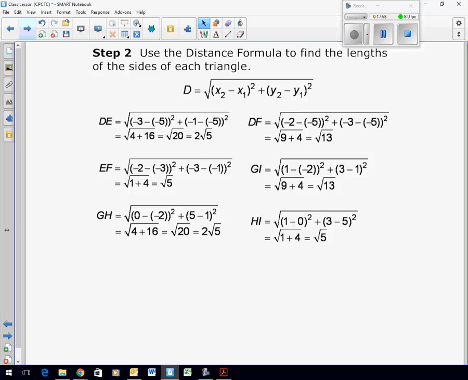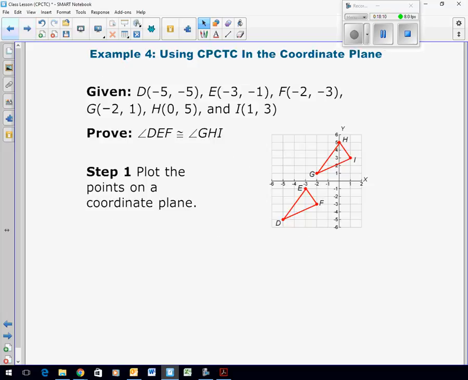Alright, so here's what I have to do, guys. My distance formula is the square root of x2 minus x1 squared plus y2 minus y1 squared. Let's talk about how we put all these numbers in here. To use the distance formula, you need to find two coordinate points.